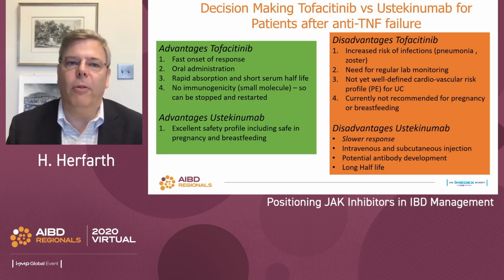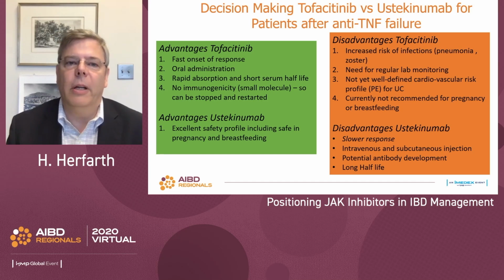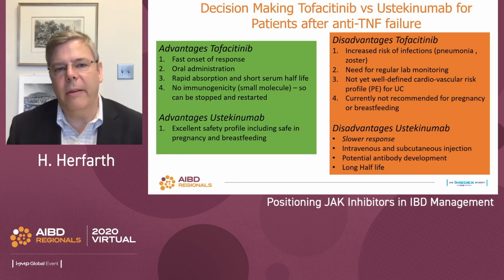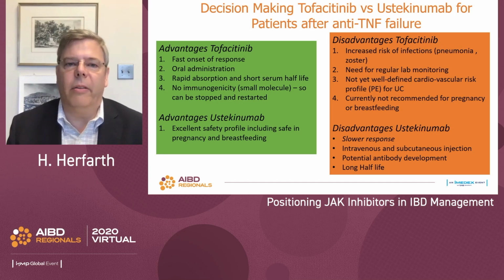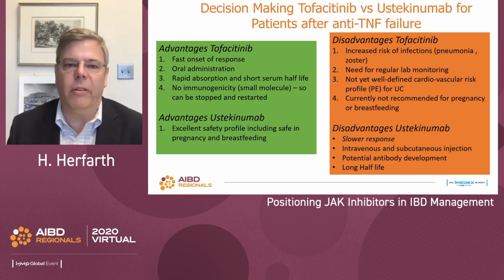The disadvantage of tofacitinib, we talk again of safety, is an increased risk of infection, especially pneumonia and zoster. You need regular lab monitoring. It has a not yet well-defined cardiovascular risk profile for PE and DVT for ulcerative colitis. I showed you the data, and it's currently not recommended for pregnancy or breastfeeding. The disadvantage of ustekinumab, and that's my personal impression, is a slower response.